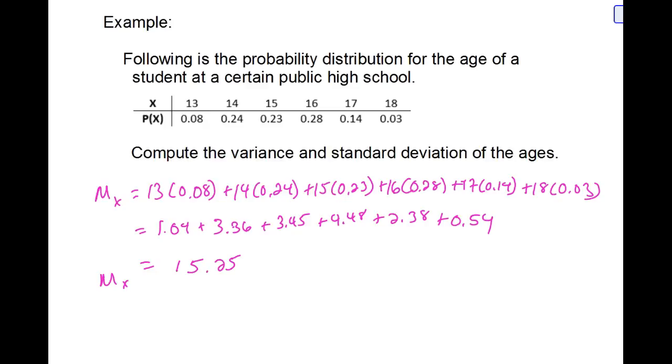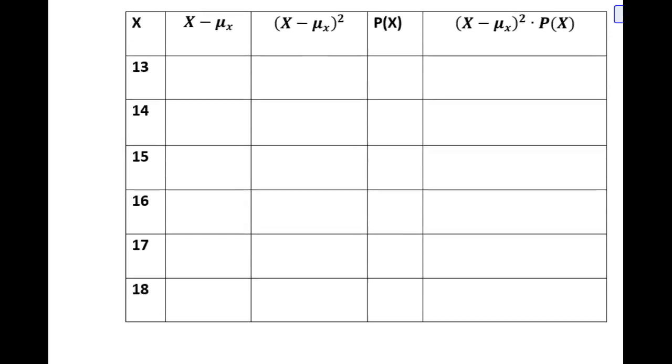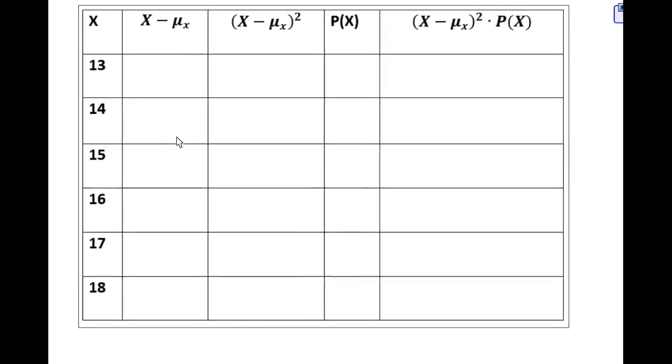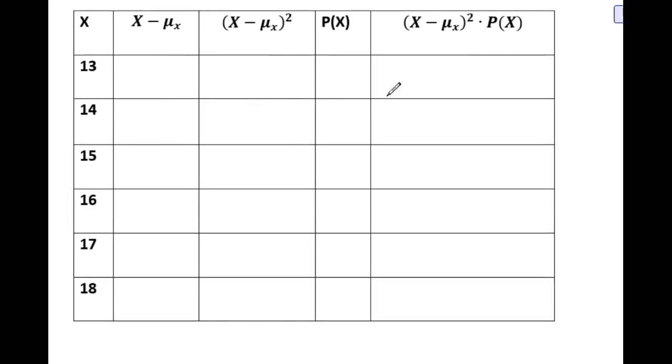Remember that when we are calculating and using the mean for the variance and standard deviation, we do not want to round the mean. I've already set up this table to help us organize this.